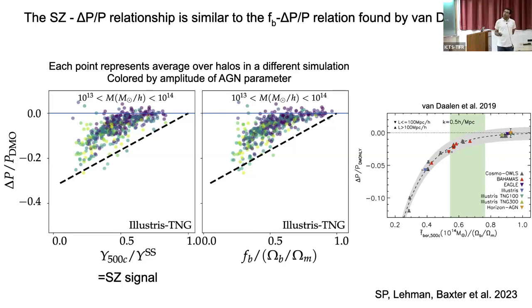And each of the points is color coded by the amplitude of the AGN parameter, the parameter that I mentioned before. So it is also interesting to see that as you increase the AGN feedback, you start to see less SZ signal and less f_b, because more of the baryons are pushed out and there is more power suppression.